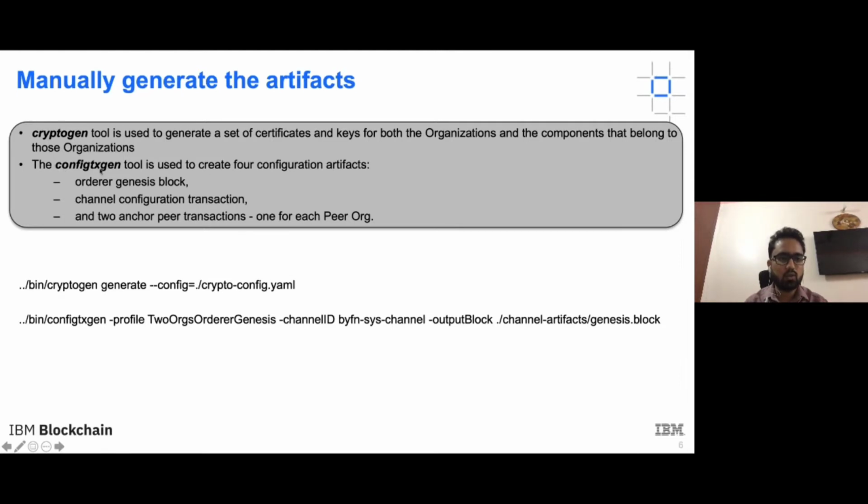And the second tool is the configtxgen tool. This particular tool is used to generate configuration artifacts. That means we have to create a Genesis block for our orderer, and a channel configuration transaction, that is the channel transaction, and anchor peer transactions also.